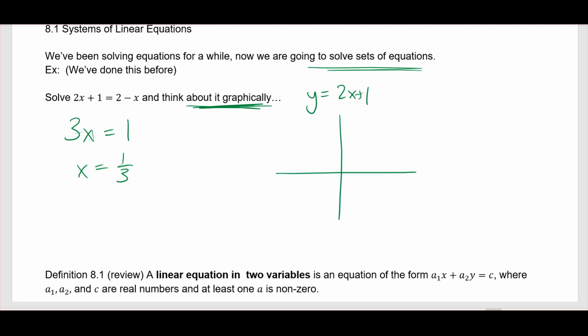This is going to be a line, right? We're going to have slope 2 and y-intercept 1. So it goes through this point here, and then we're going to go up 2 units for every 1 unit we go to the right, and down 2 units for every unit we go to the left. So if I want to draw a line there, boop, there it is.